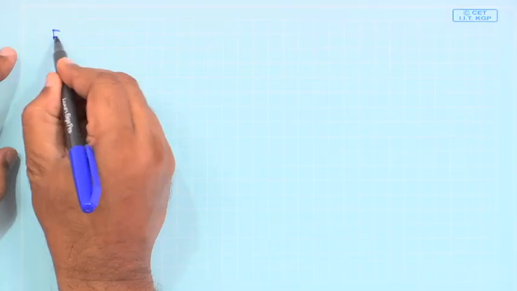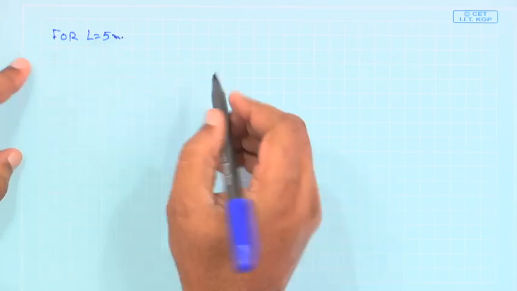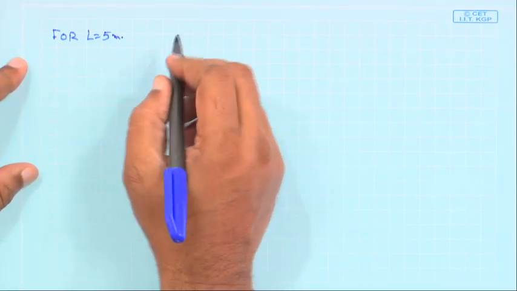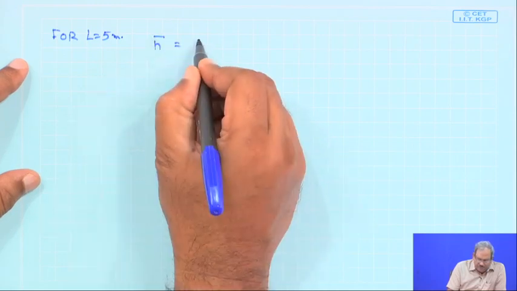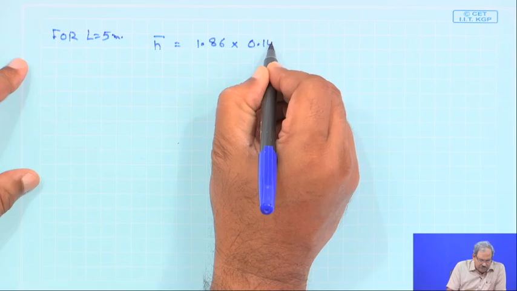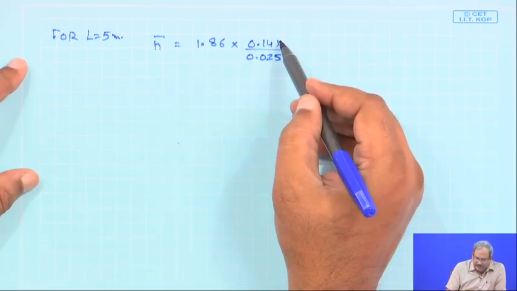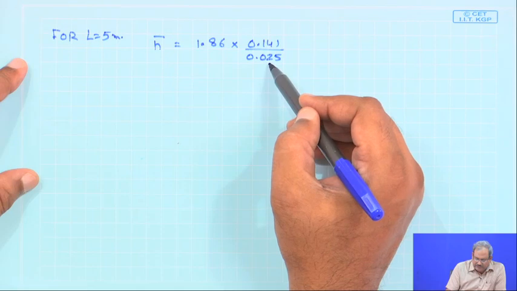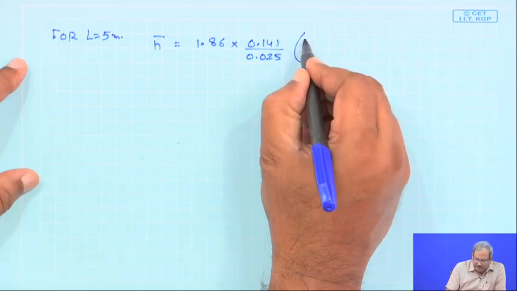So, proceeding with the value for the length to be 5 meters, I am going to write this. H bar is going to be 1.86 into 0.141 by 0.025. This is K, the thermal conductivity, and this is D, the diameter of the tube through which the flow is taking place.